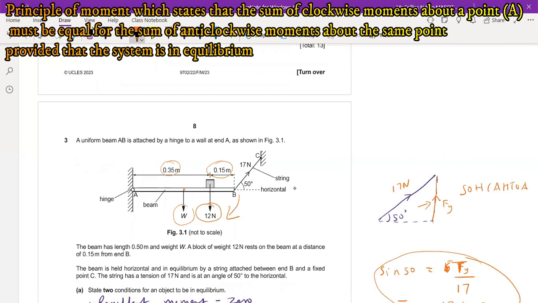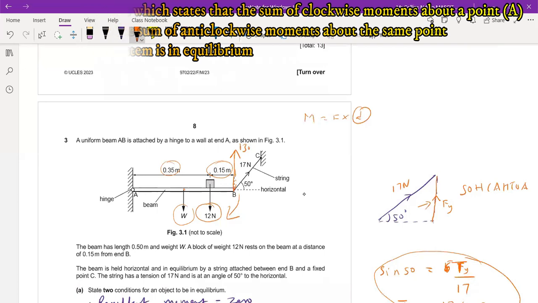Why are we using the vertical component? Remember, moment is the product of force times perpendicular distance. The distance here must be perpendicular to the line of action of the force, and must be from the pivot. So that is why we are going to use 13 Newton. The 13 Newton is vertical, because you are able to see this is the component of the force which is vertical. So it will be acting along this.